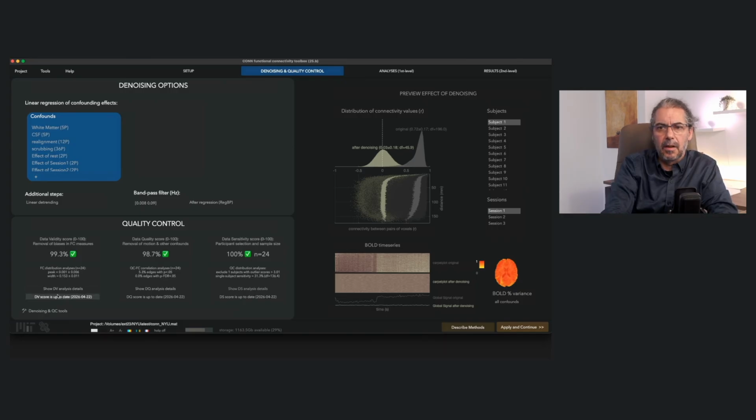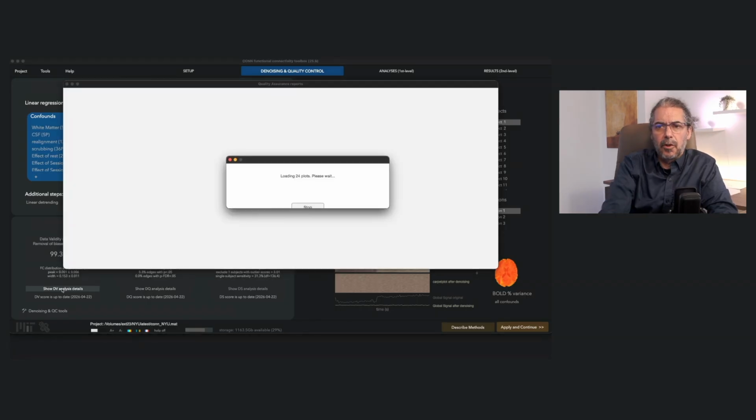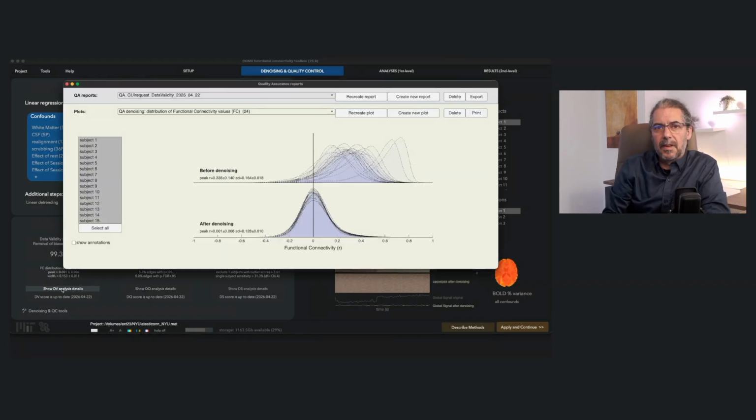If you click on this button in here, the Show DB Analysis Details, that will show you the details of how this data validity score is computed. Conn will show you on the top functional connectivity distributions across every individual subject in your dataset. So each one of these shapes corresponds to a different subject. It's subject 8, subject 1, subject 6.